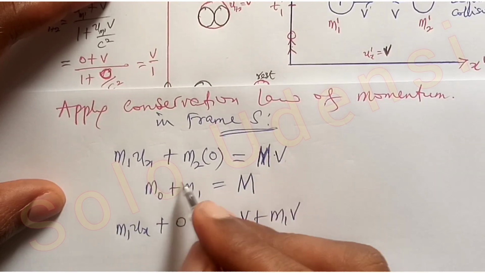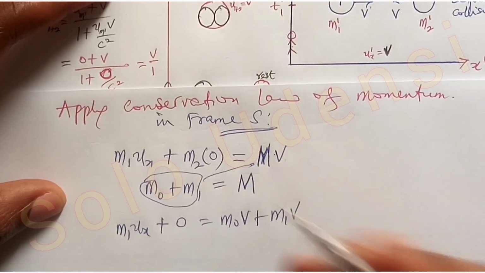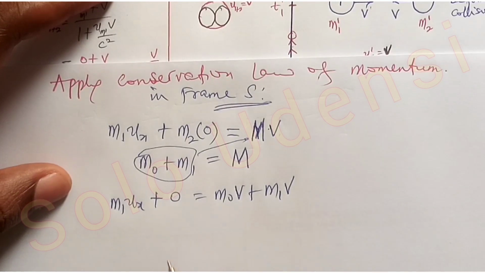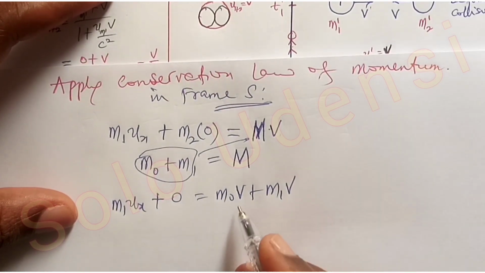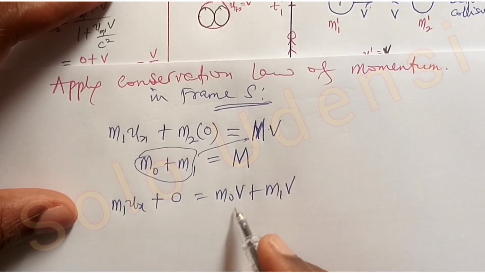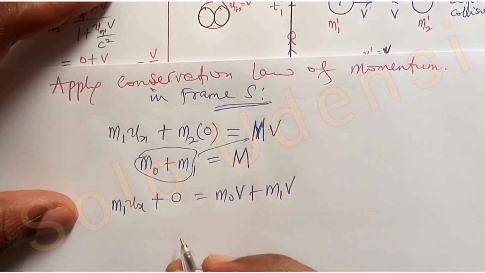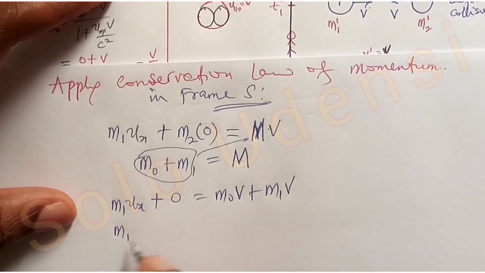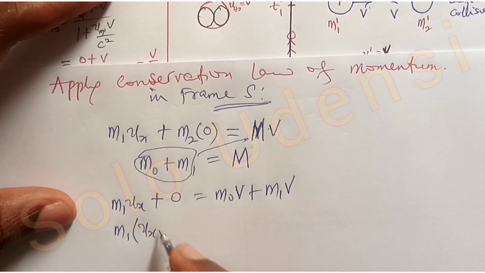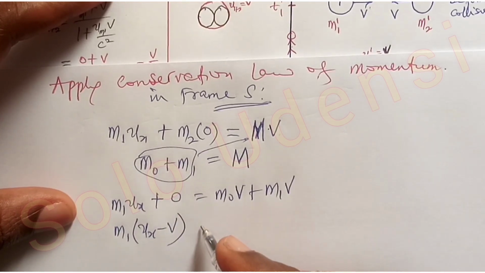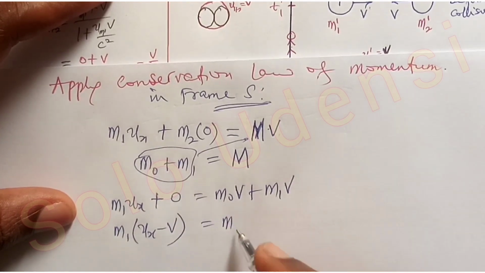If we now put this into here, we'll get that, and that means that if we bring this m1 over here, we'll have m1 times ux minus v is equal to m0 v.